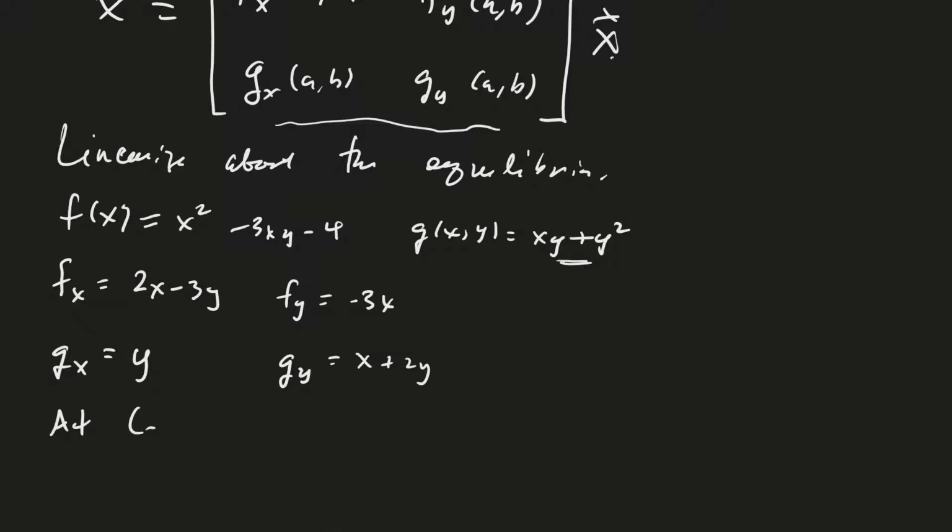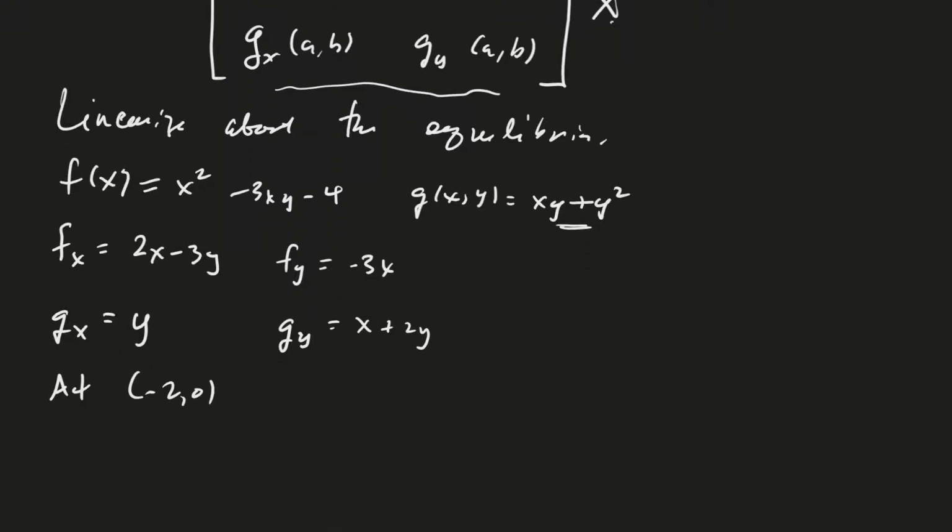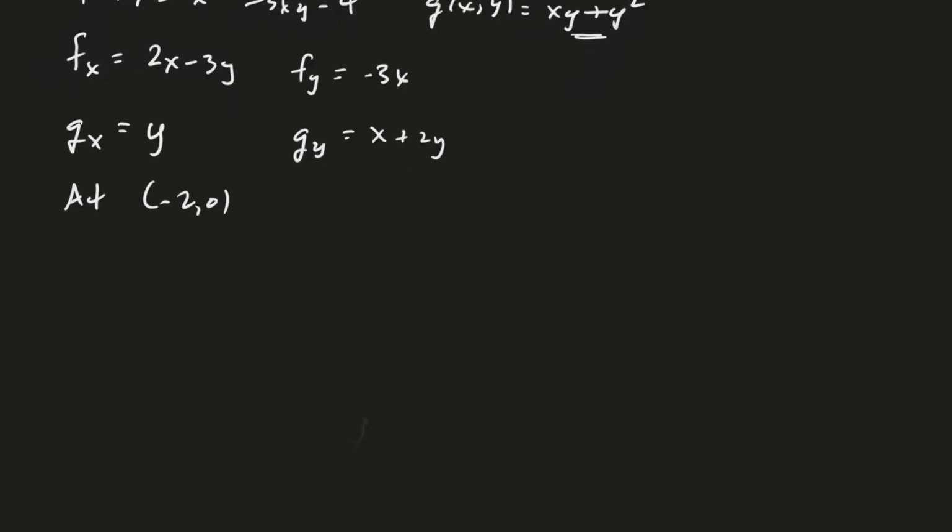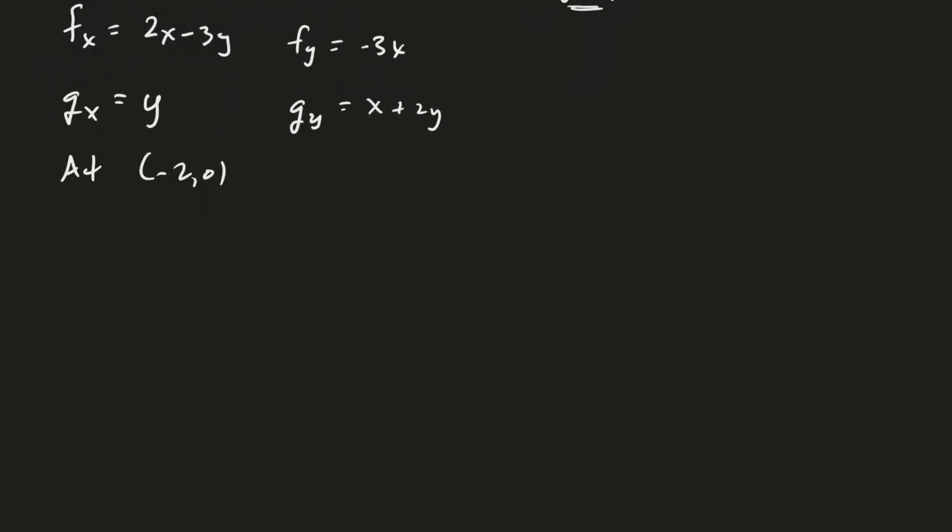So for example, at (-2, 0), what is our Jacobian matrix going to look like? So plugging these in, I get my matrix A is going to be minus 4 if I plug in minus 2 for that. And then if I plug into f sub y, what do I get?